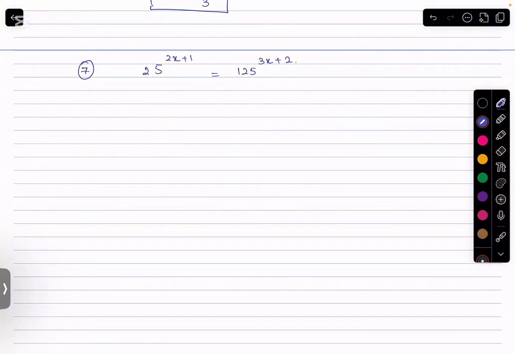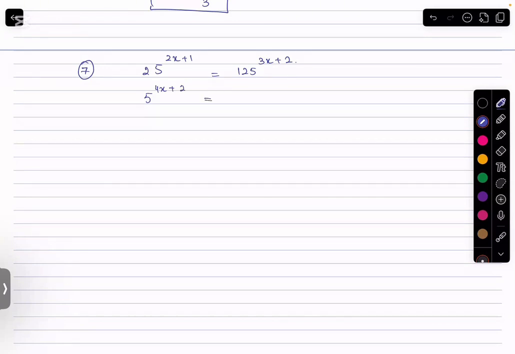What should be done? We'll make the bases the same by making it 5. Okay, so what should I write here? 5 squared to the power 4x plus 2, that is 2 times 2x plus 1, so 4x plus 2. Right. Next.